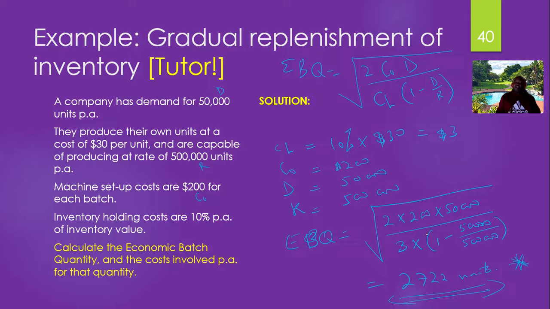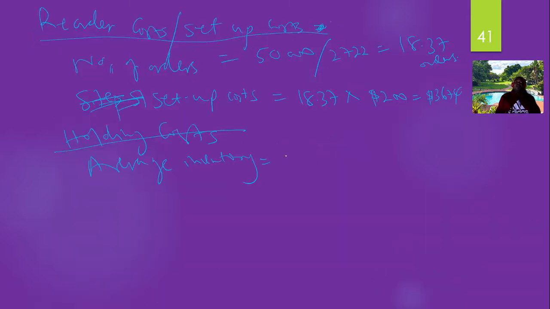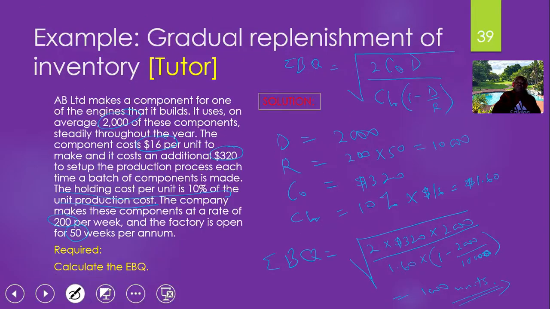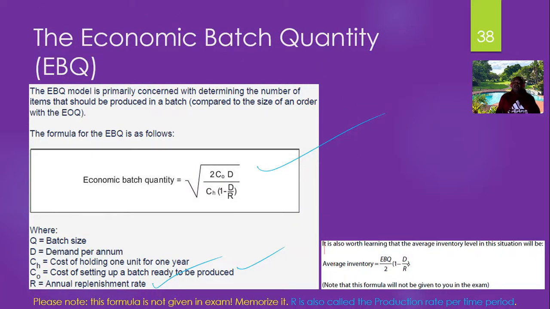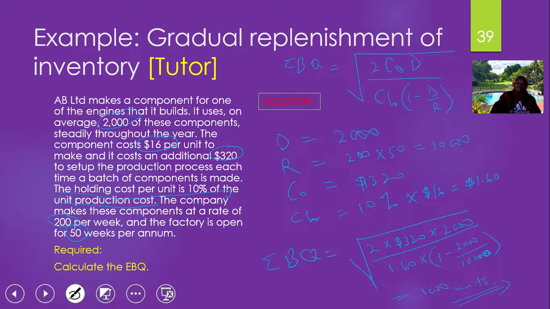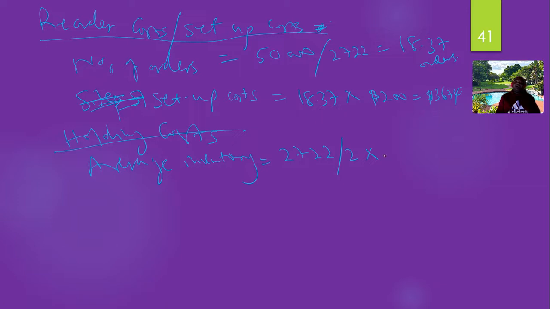Economic batch quantity was 2,722, so 2,722 divided by 2. But remember we have to adjust. This is why we were given this formula: average inventory is economic batch quantity divided by 2 multiplied by 1 minus D over R.